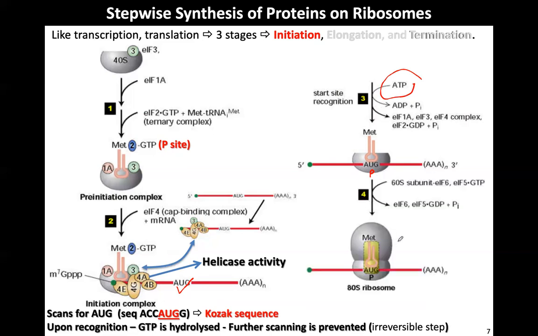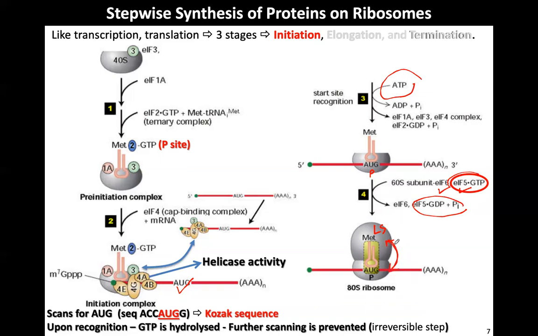So here now, the large ribosomal subunit sits over the initiation complex, with the help of initiation factor 6 and initiation factor 5, and you can see that initiation factor 5 has been hydrolyzed, and the energy released by this hydrolysis will enable the binding of the large subunit to the small subunit.